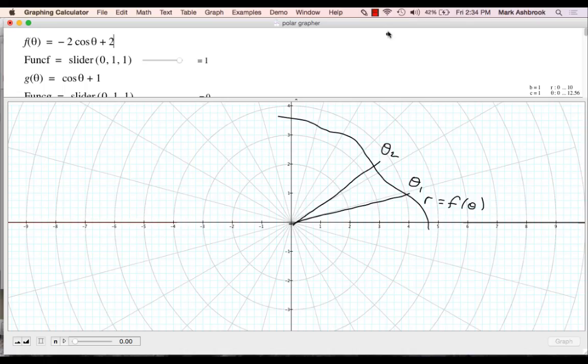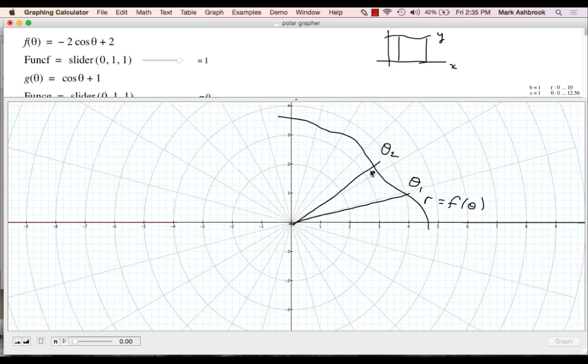And so we think about area in rectangular coordinates. What was it? It's from the function to the axis of the dependent variable, right? So from the function to the zero value of the dependent variable.